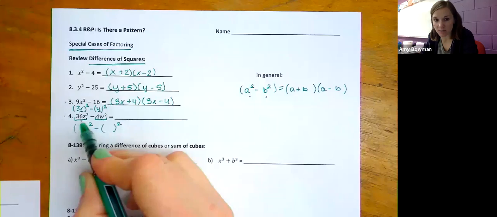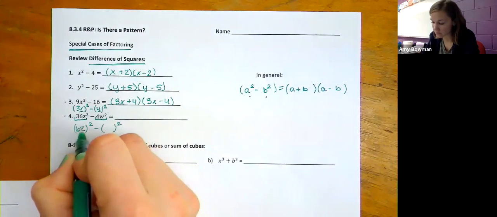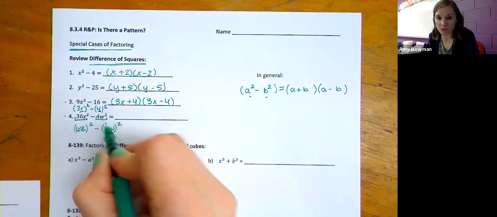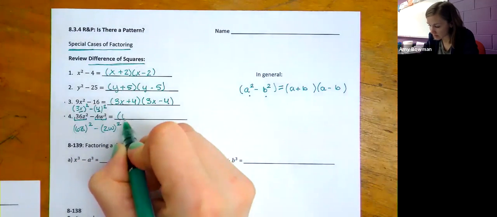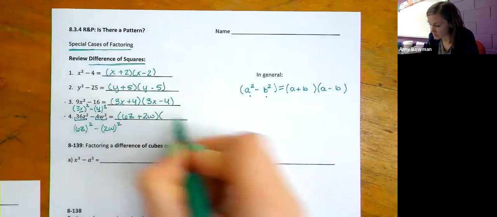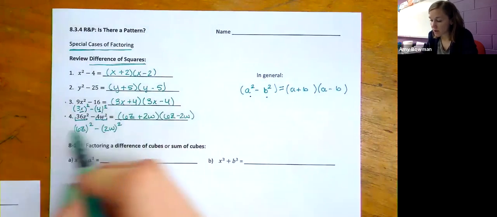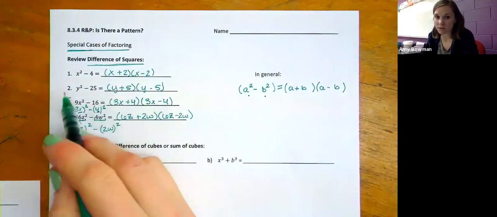What is the single term that I'm squaring to get 36z squared? That's 6z. And I'm squaring 2w to get 4w squared. So now I can apply that: 6z plus 2w times 6z minus 2w.